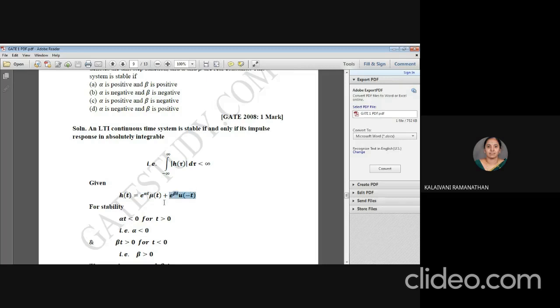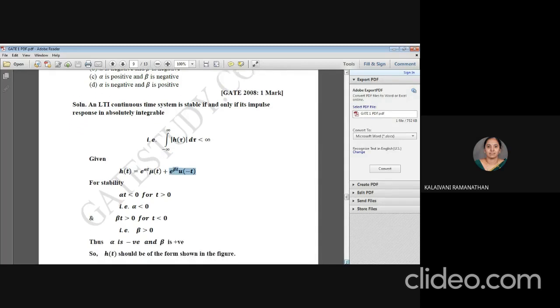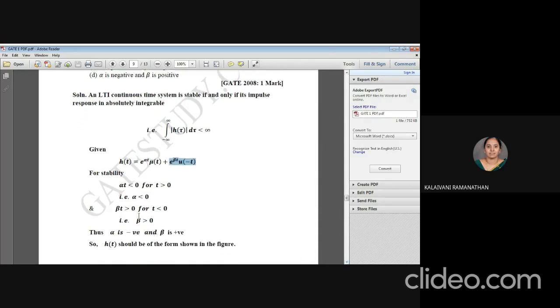So for t less than 0, βt must be greater than 0, so β must be greater than 0. So the final condition is α must be negative because of this condition and β must be positive because of this condition. So you have to choose the option as α is negative and β is positive. This is given by option D.